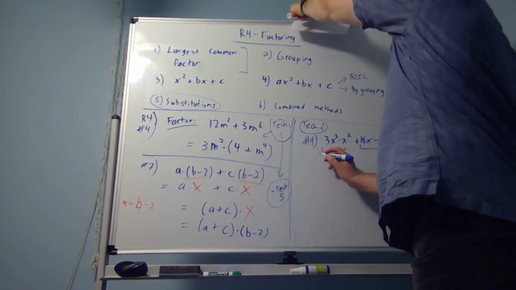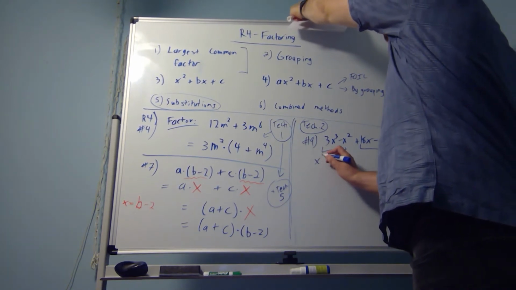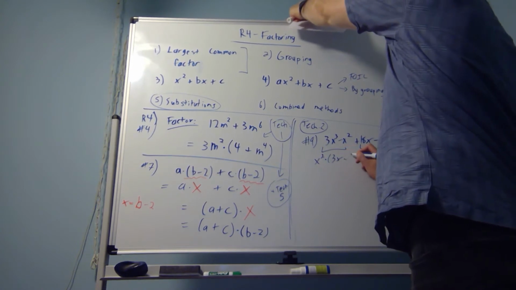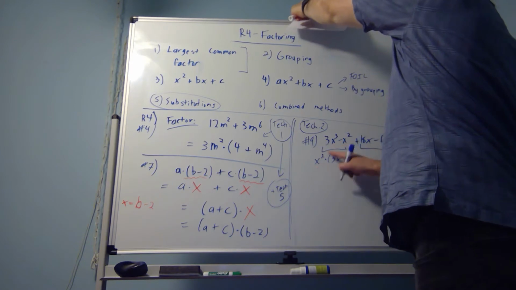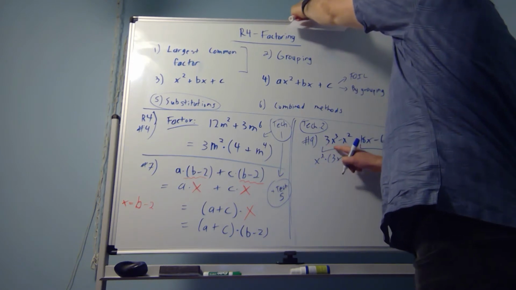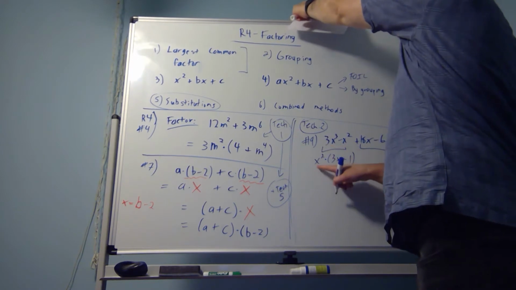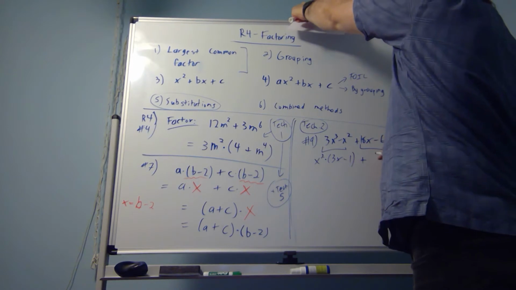So here, you just take the 2 groups. You take the first group and find the greatest common factor. Both of them have an x squared. This one has 3x, so there's one more to get the x cubed. So you multiply, yes, it's that one as well. So that's perfect. These two have a 6 in common.